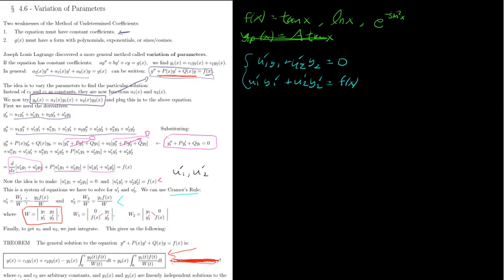You have to calculate the Wronskian, you have to calculate these, and you have to be able to calculate these integrals. And keep in mind that, depending on what f is and what the Wronskian is and what y1 and y2 are, these integrals may not even be integrable. They may not be doable, if you get the integral of e to the x squared, for example, or in this case, e to the t squared, right?